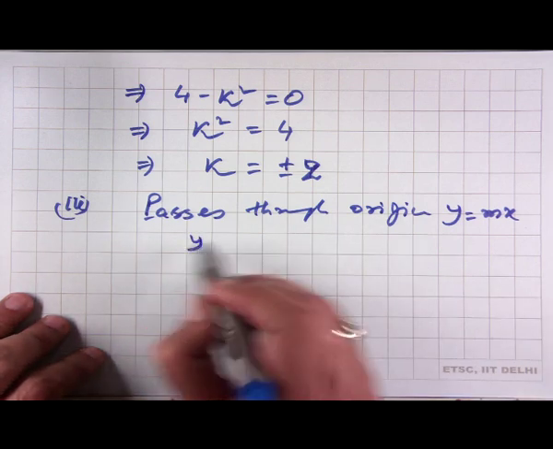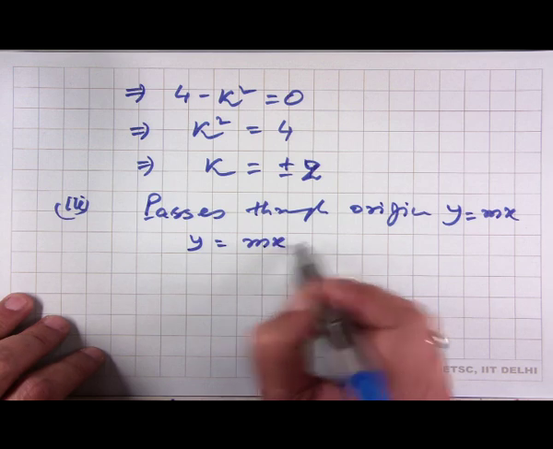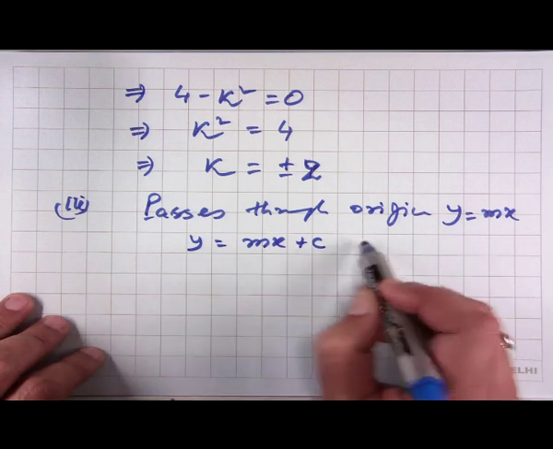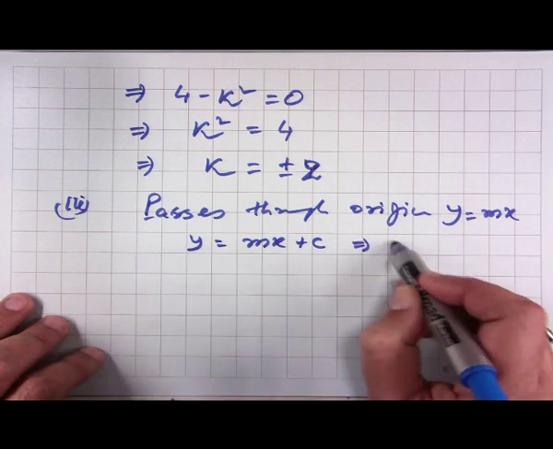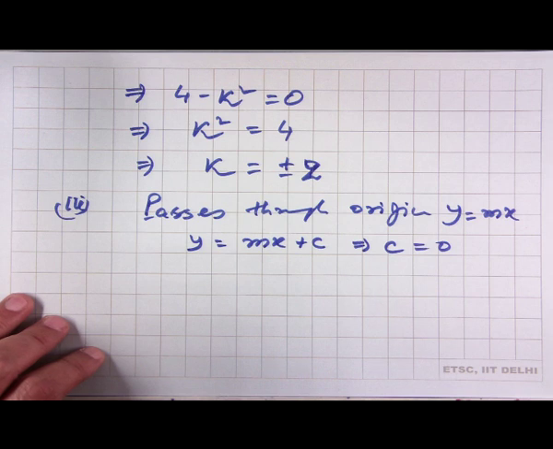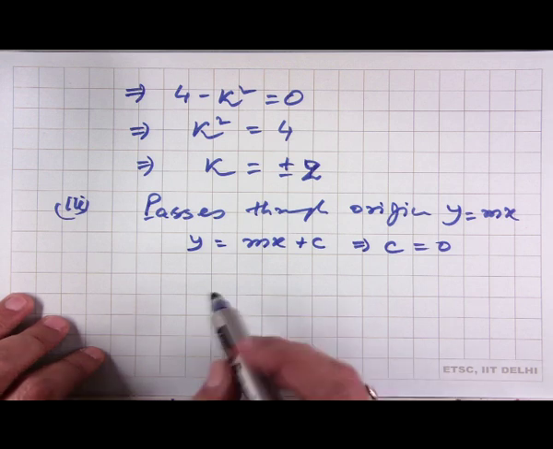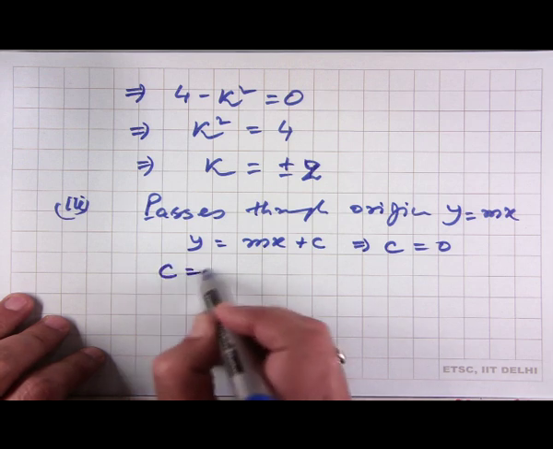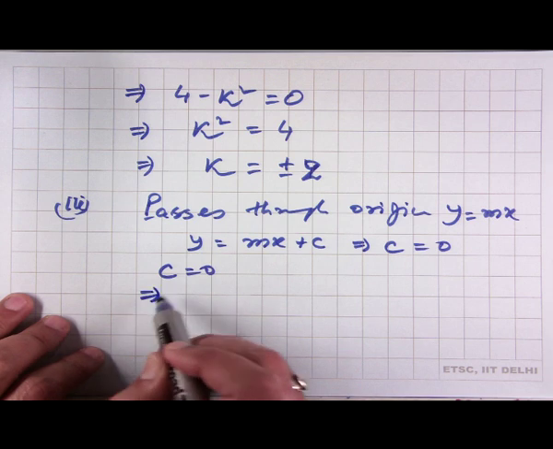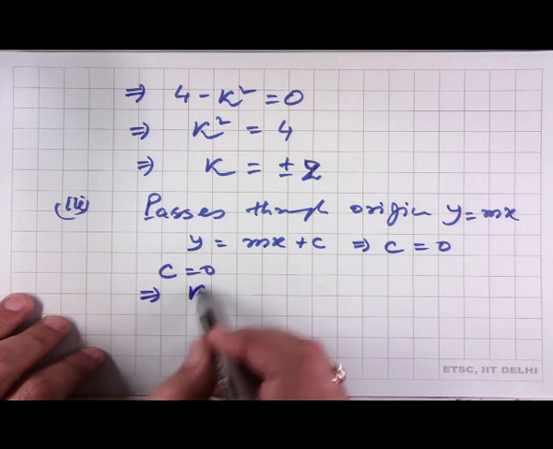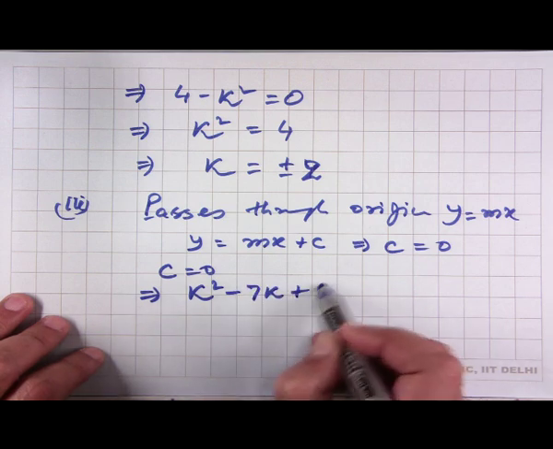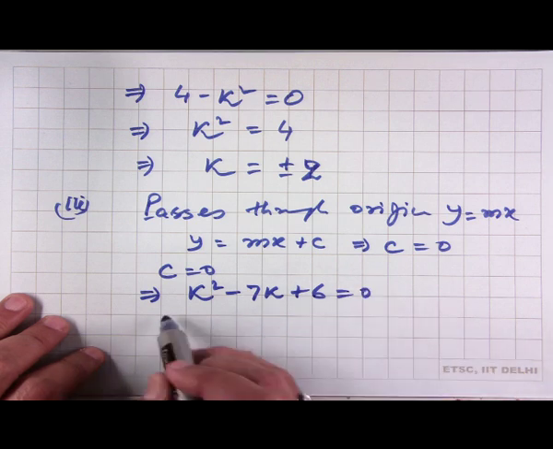When you take y is equal to mx plus c, if the line passes through the origin, then c must be equal to 0. So c equal to 0 implies k square minus 7k plus 6 equal to 0.